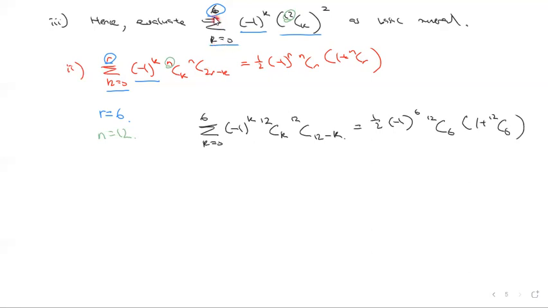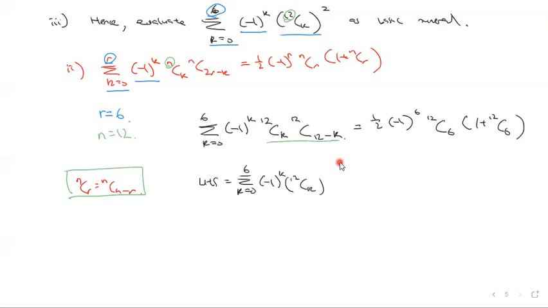You're asked to evaluate the sum from k equals 0 to 6 of (-1 to the k, 12Ck) all squared. Well, the thing is this. You should also know that nCr equals nC(n minus r). That's just an expression you should know from your combinatorics. So the left-hand side is the sum from k equals 0 to 6 of (-1 to the k, 12Ck) all squared, because 12C(12 minus k) is 12Ck by this expression.